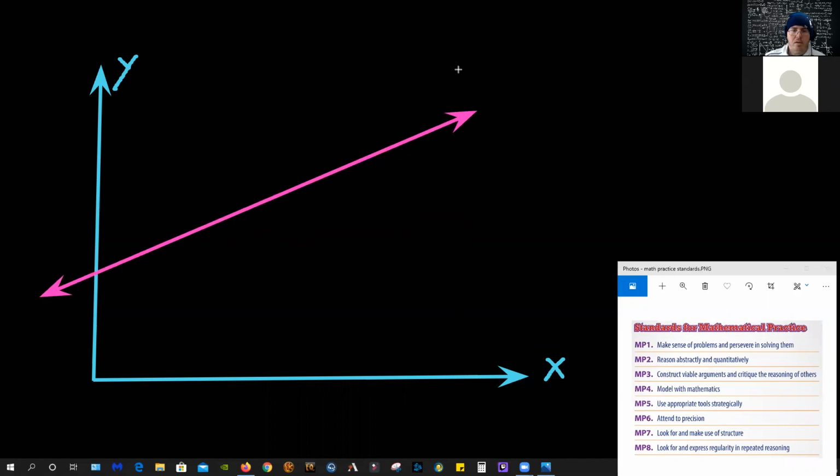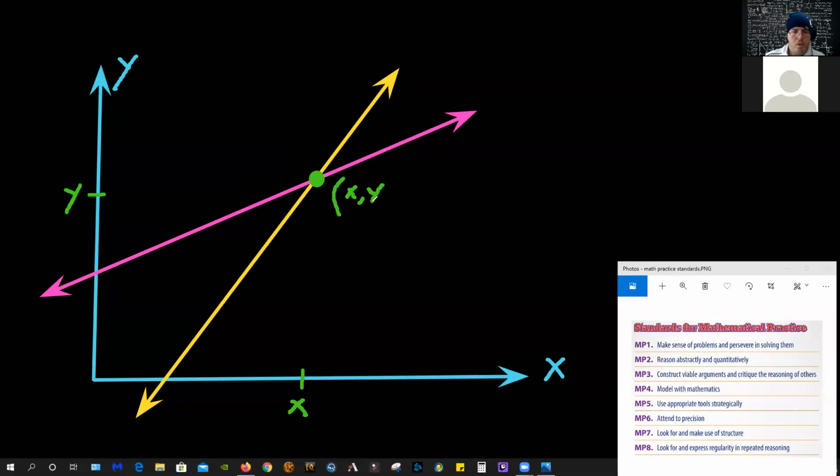There's a line, and there's a line. There's going to be a spot usually like this. There's usually an xy value where the two lines cross.